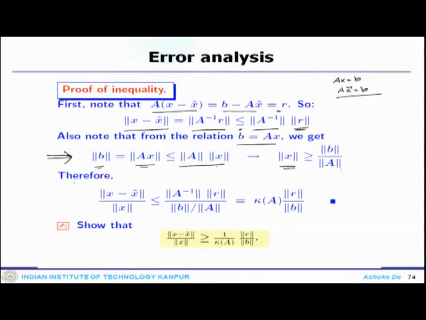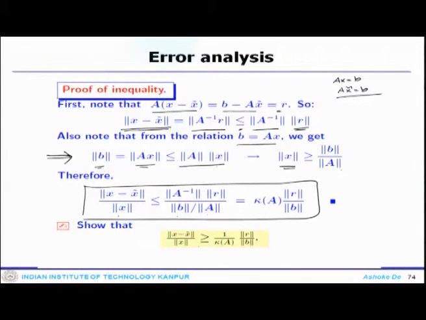So, now I can write the norm of x minus x prime divided by the norm of x as less than the norm of A inverse times the norm of R divided by the norm of b over the norm of A, which is nothing but the condition number times the norm of R over the norm of b. So, one can show that it is greater than this factor.